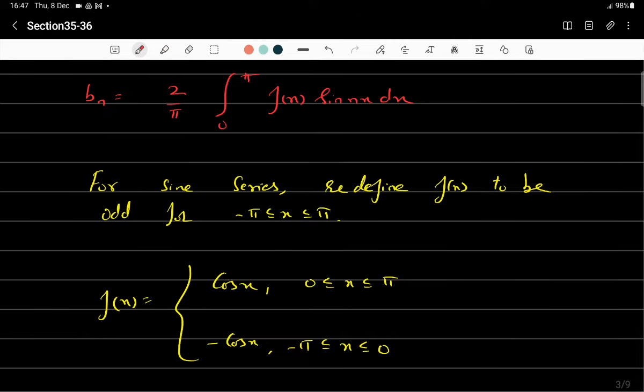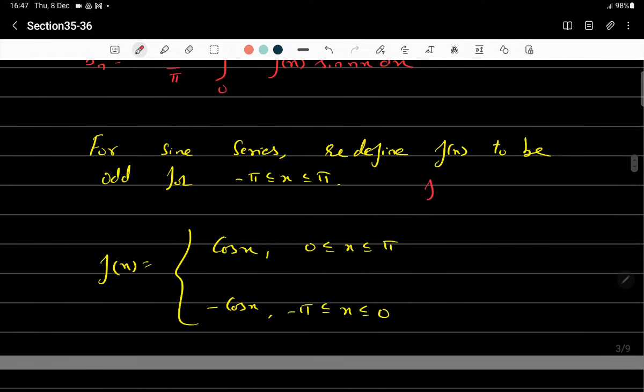Yes, you can quickly verify that it is odd. There can be many ways, but one way is that let's say your f of u is cos u for 0 less than u less than pi, and minus cos u otherwise. So now if I replace u by minus x, then it becomes cos of minus x, which is cos x, and minus cos of minus x, which is minus cos x.